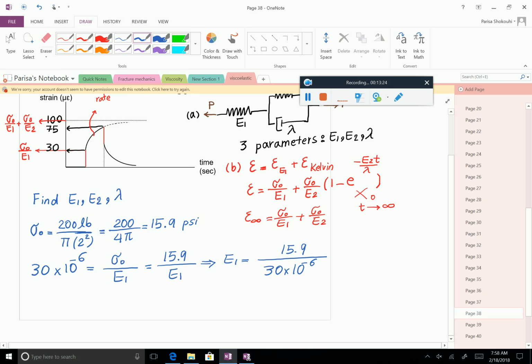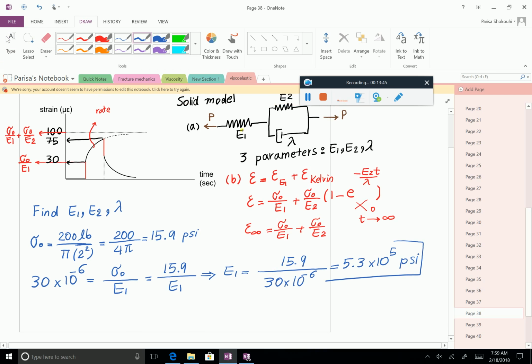If we do the calculation, we get something like 5.3 times 10 to the 5 psi. This is E1. So now one of the model parameters, we have it.